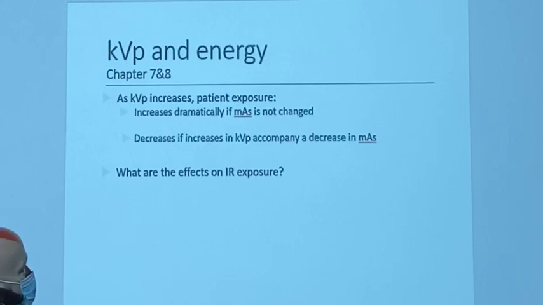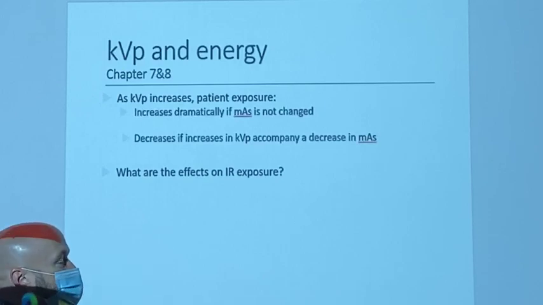So what are the effects on image receptor exposure? Well, as you increase your KVP, you increase the numbers you create, you increase the numbers you emit, you increase the numbers that hit the patient. So naturally, what's going to happen to your image receptor if all you do is change KVP? Increase KVP, yeah, you get more penetration, and therefore you get more exposure to the image receptor.